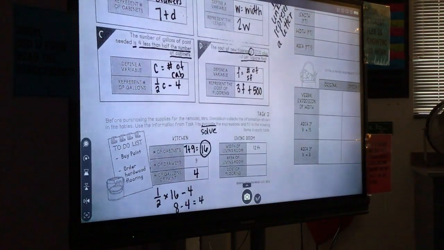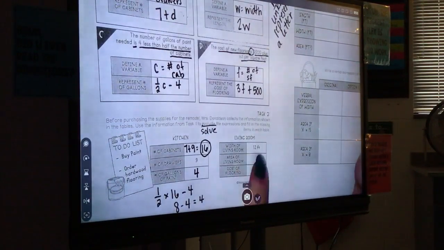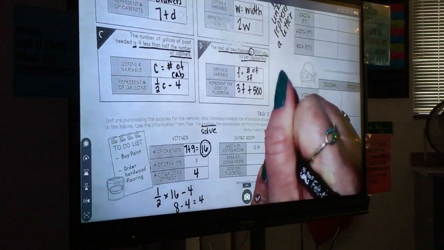All right. Have a seat. Let's go ahead and go over this. All right, stop talking. You had plenty of time to talk. So, we know that the width of the living room is 12. Remember, you still have to do length times width.